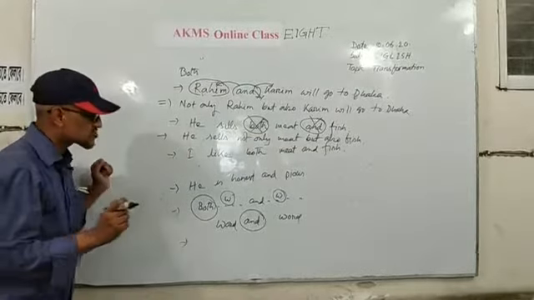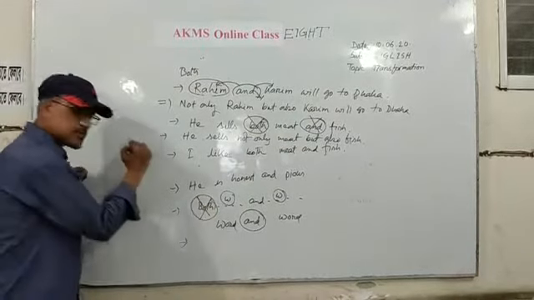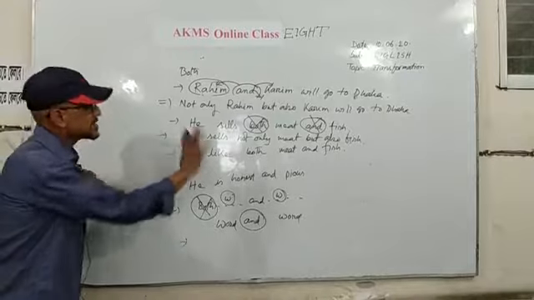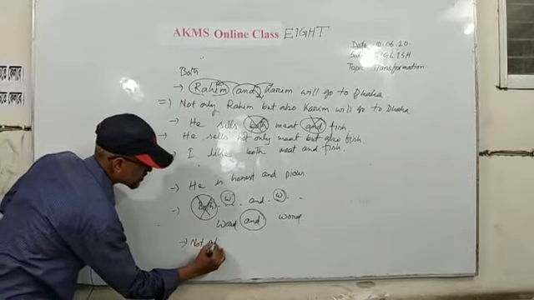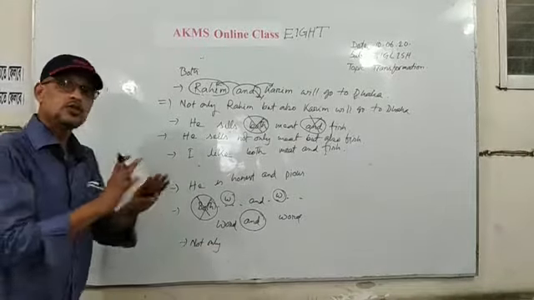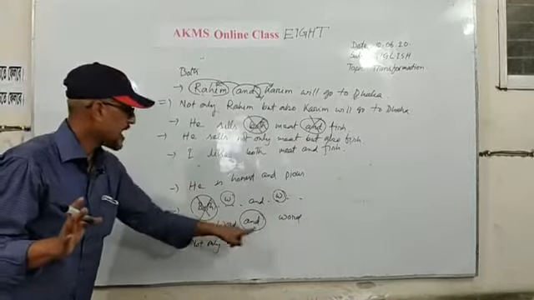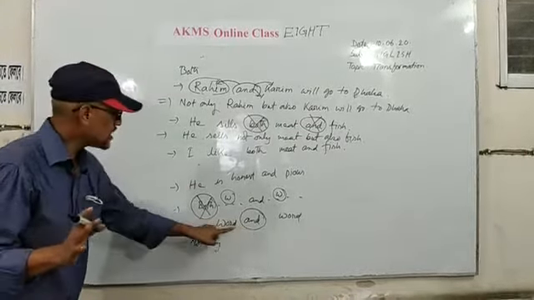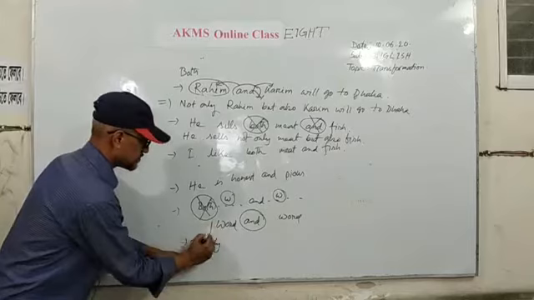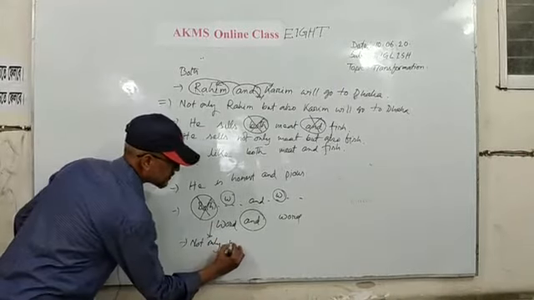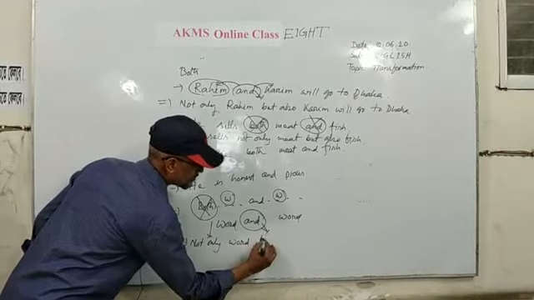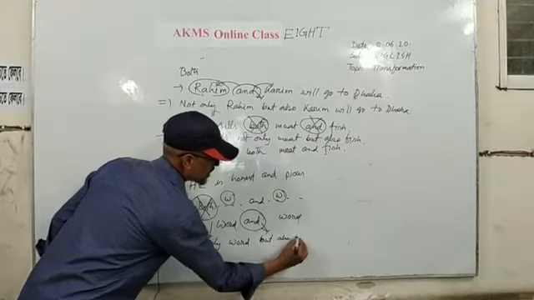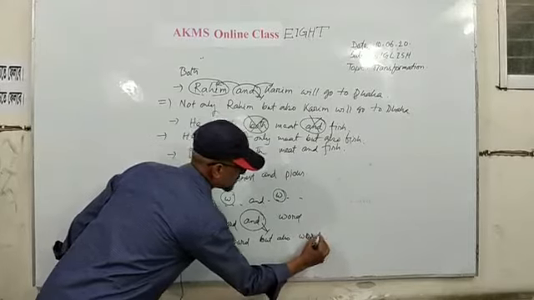So what will be the structure? You will erase both. If both is in the sentence, you will write not only. But if there is no both, only and, you will use not only before the first word, and you will write the first word, and at the place of and, you will write but also, and write the second word again.